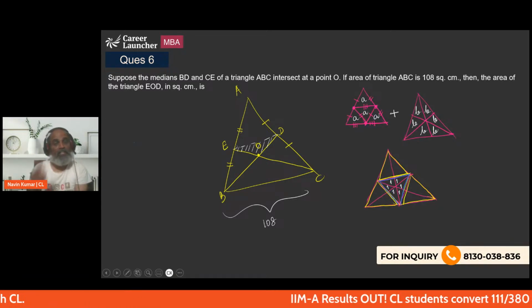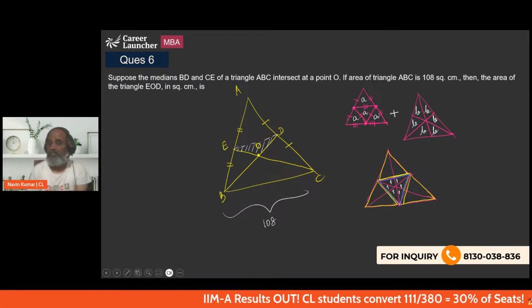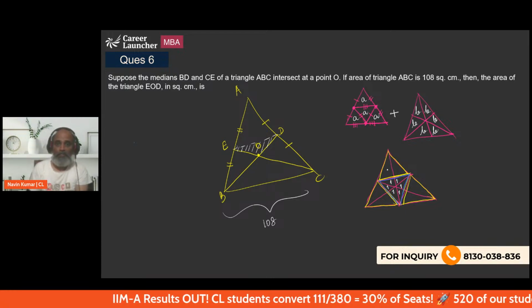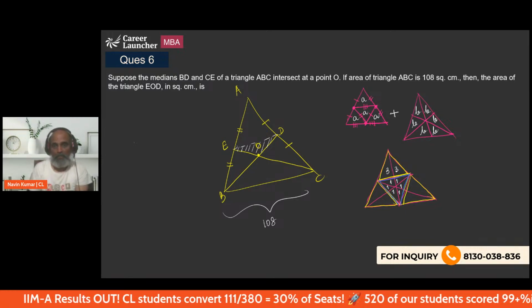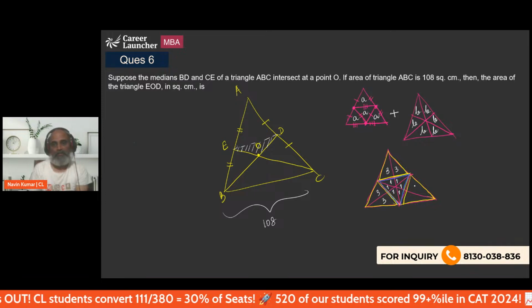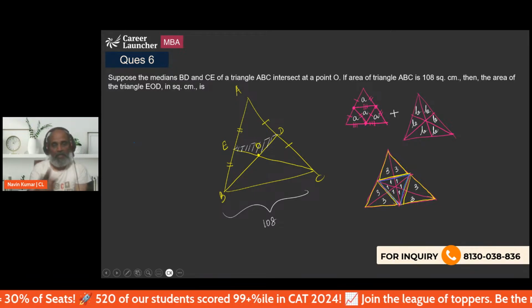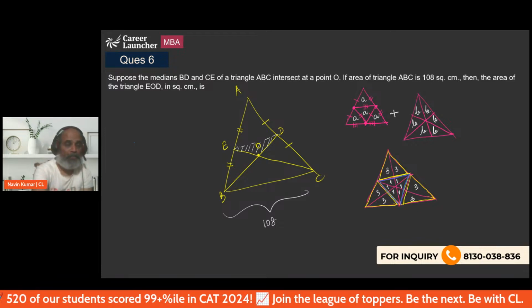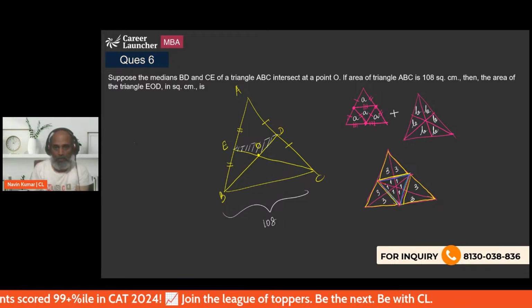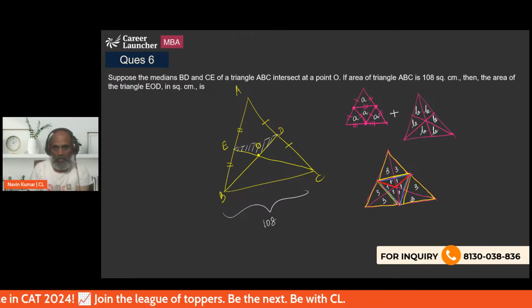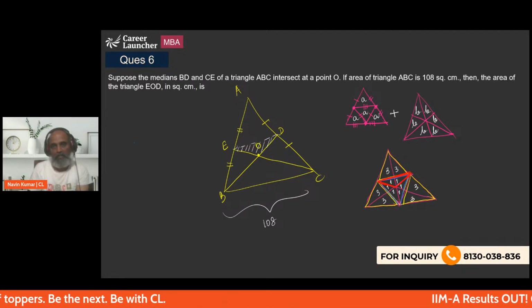So 6 should be the area of the three triangles at each of the three vertices. We are supposed to get equal areas on both sides. Right?